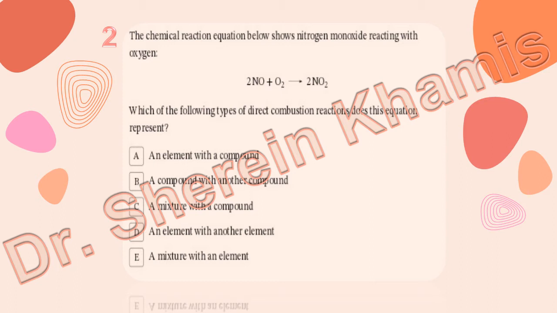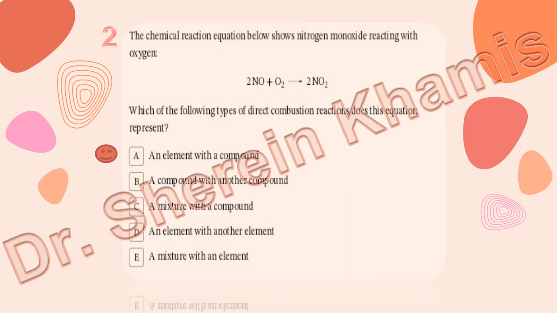Which of the following types of direct combination reaction does this equation represent? We have a compound NO and an element O2, so it's a combination between an element and a compound. So the right answer will be letter A.